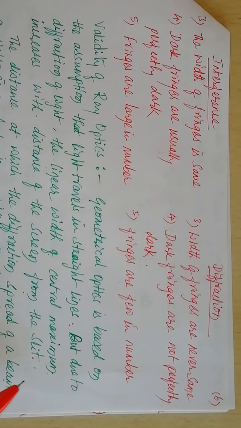So keenly observe, due to diffraction of light, due to bending phenomena of light around the sharp edges or the corners of a rectangular slit, the linear width of the central maximum beta equals 2x or 2d lambda by a. That linear width of the central maximum increases with the distance of the screen from the slit.